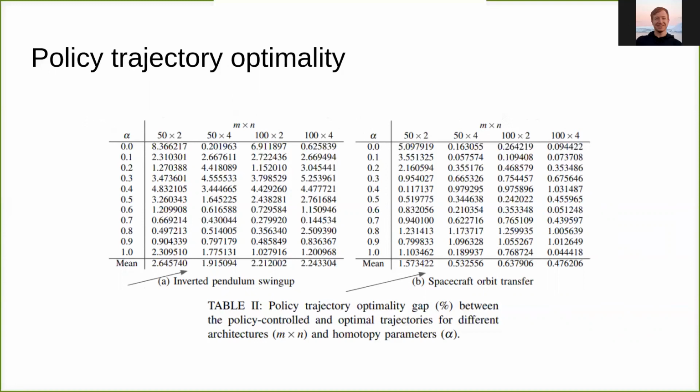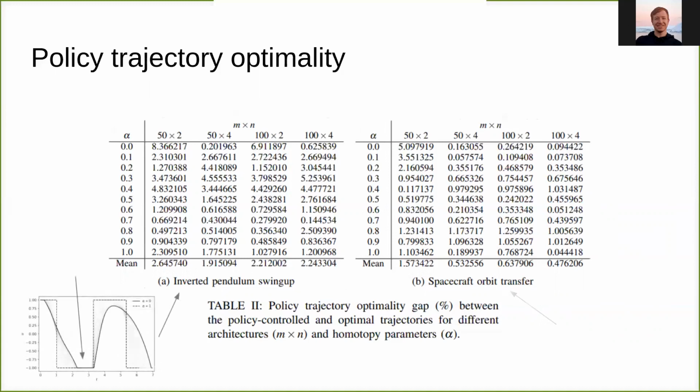In general, the performance improves with either increasing network breadth or depth. The best overall performance was achieved in the spacecraft example, where less than 1% of the optimality difference was achieved with most networks. We suspect that performance is worse in the pendulum example due to the saturation of its control when the cost homotopy parameter was less than 1. Despite this, our approach was successful in both cases.